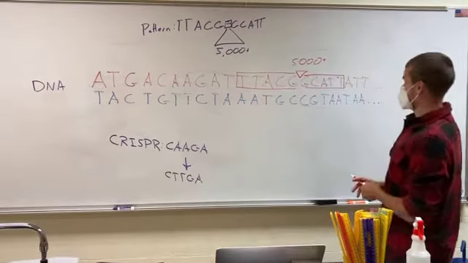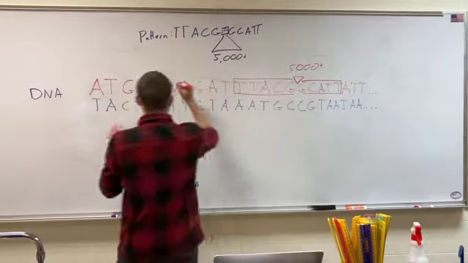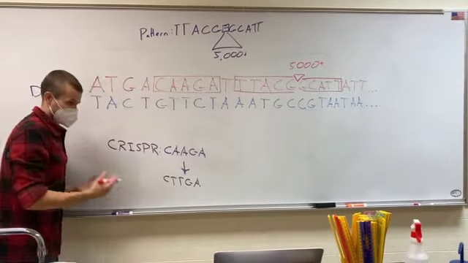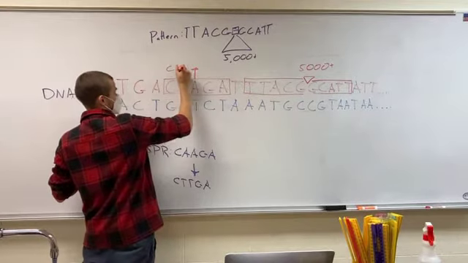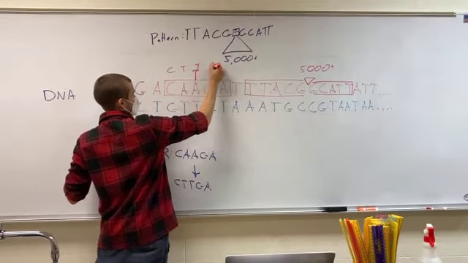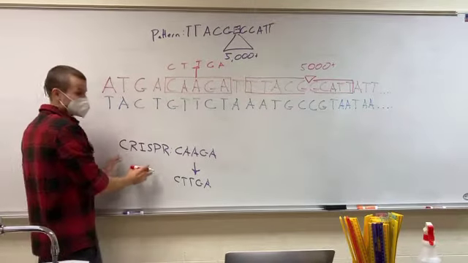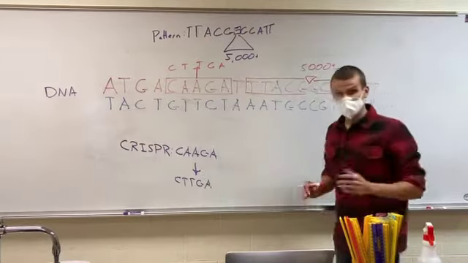So can we see that somewhere in here? Yeah, right here. With the CRISPR-Cas9 system, this sequence will be removed and be replaced with a CTTGA. And in this way, this is an allelic replacement, and this is a targeted addition.